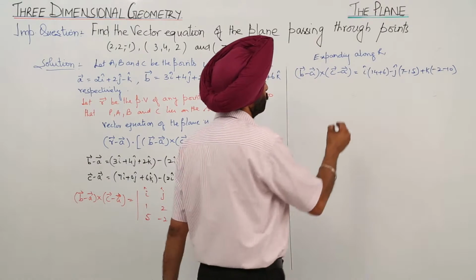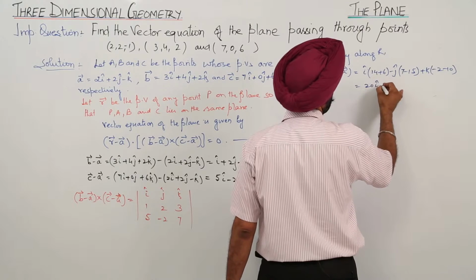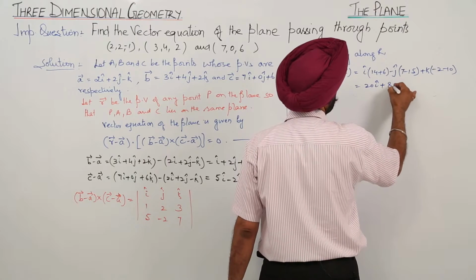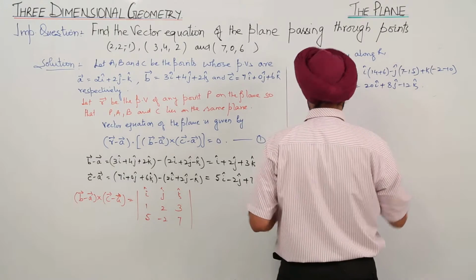Okay, so what we are having now is 20 i cap plus 8 j cap minus 12 k cap.